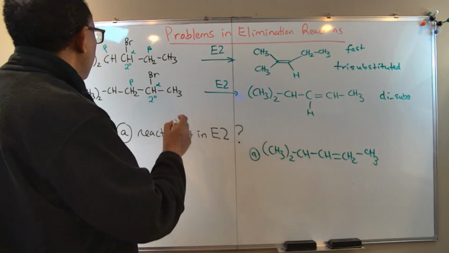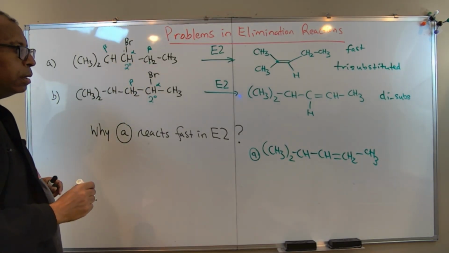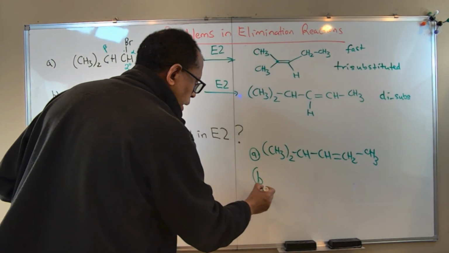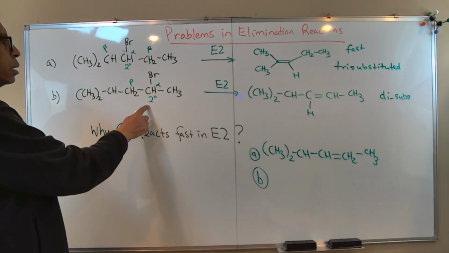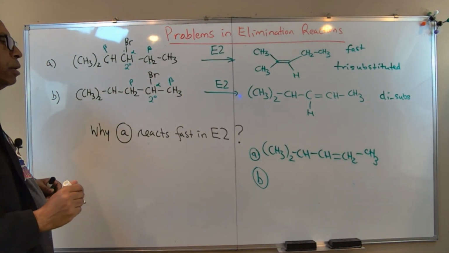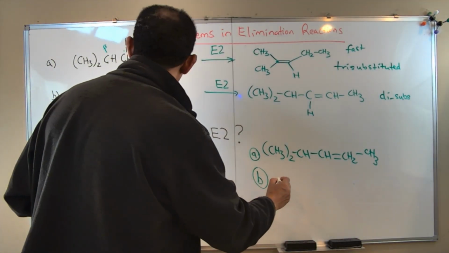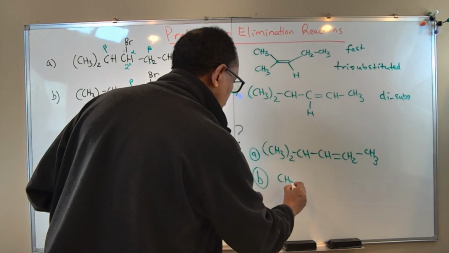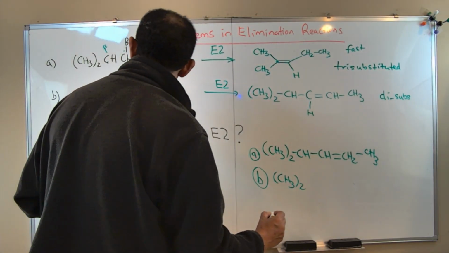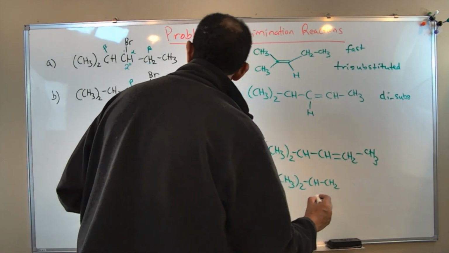This is by losing one of the hydrogens from here and the Br. In the second one, the other possibility, if one of the beta hydrogens is taken off, you would get CH3, 2, CH, CH2, CH, CH2.